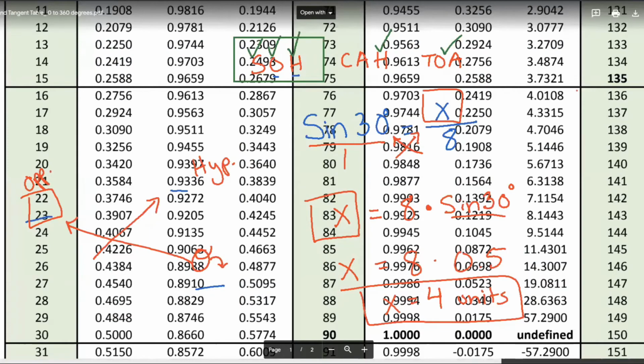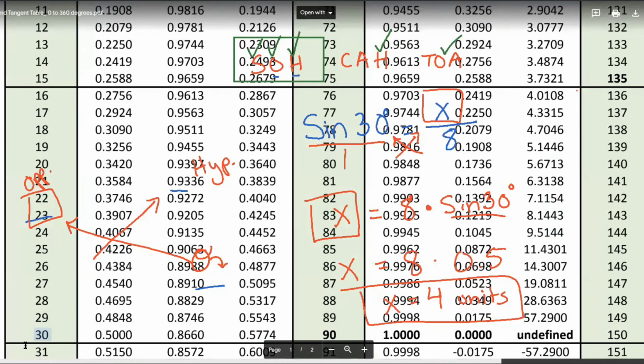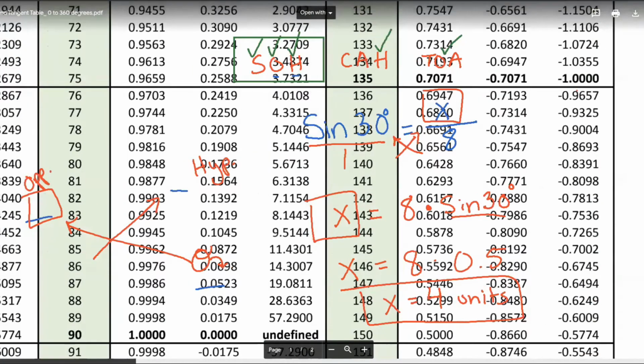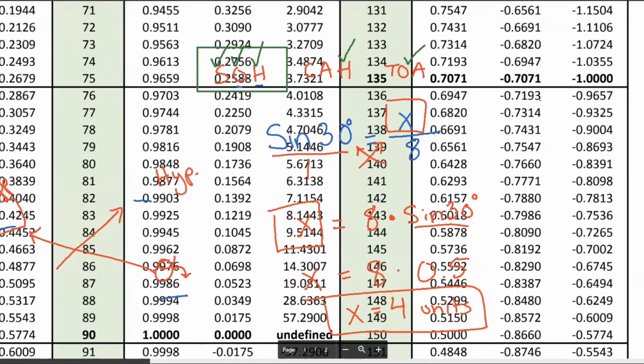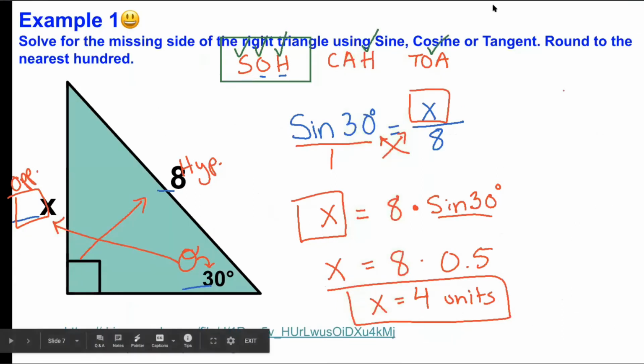We look at our degree. If we're using sine, then we go to the sine column and we figure out which one it is. Let me go back to the other one. Okay, let me go ahead and download an image of this so you guys can have it.